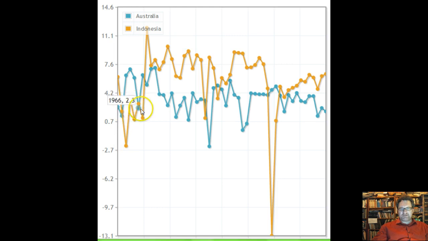In the mid-1960s, it was relatively low, very low, 1%, roughly 2%, and certainly lower than Australia's.